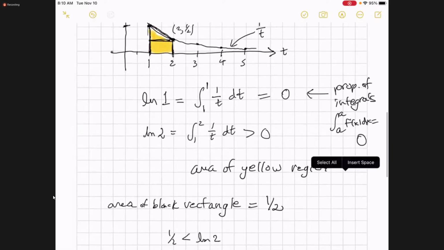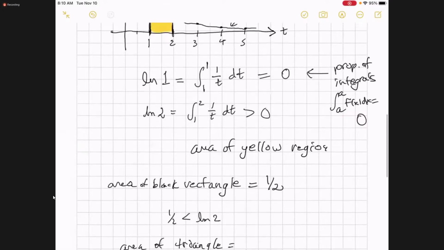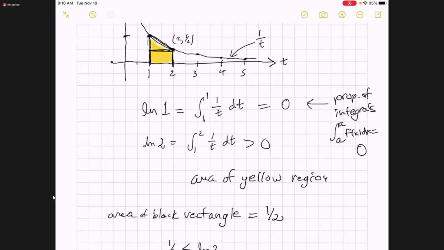So, well, the area of that triangle I just drew, that's 1/2 base times height. And this point here is 1, 1.